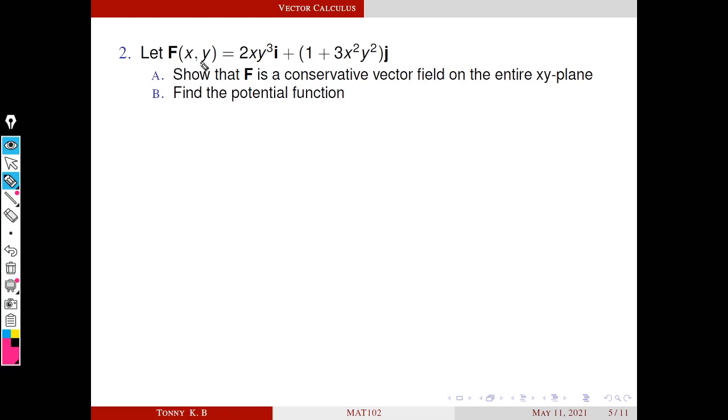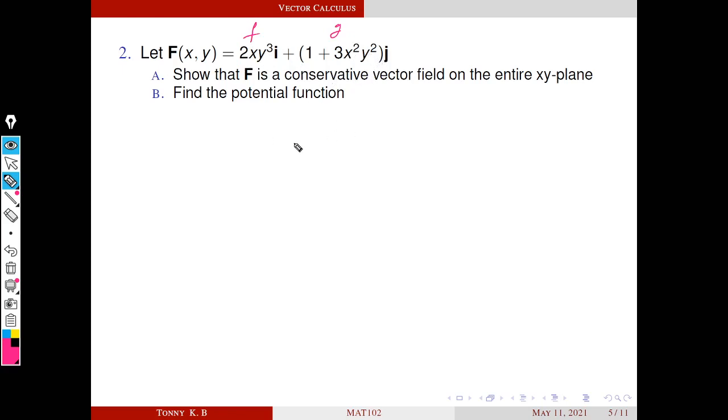Next problem: let F(x,y) = 2xy^3 i + (1 + 3x^2y^2) j. Show that F is conservative on the entire xy plane, and hence find the potential function. Here f = 2xy^3 and g = 1 + 3x^2y^2.